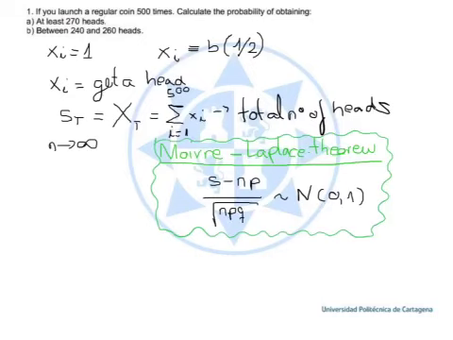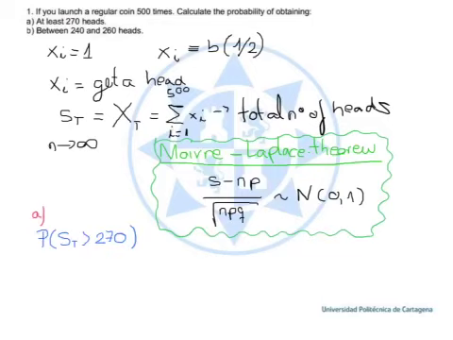We are going to use the Moivre-Laplace theorem that says that when n is big enough, the variables of the succession tend to a normal distribution 0, 1 when applying this formula.